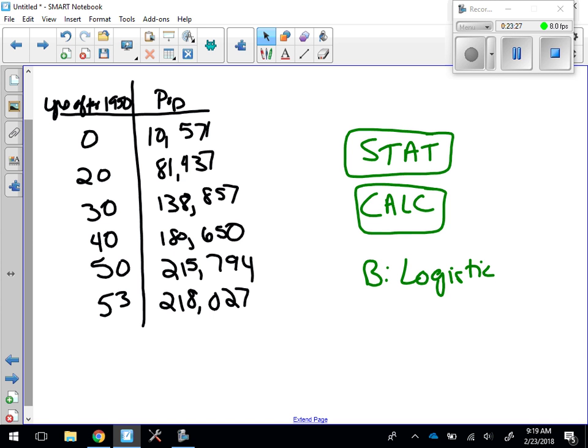Oh, so that you can, nope, logistic regression. I'm sorry? It should just say logistic regression.